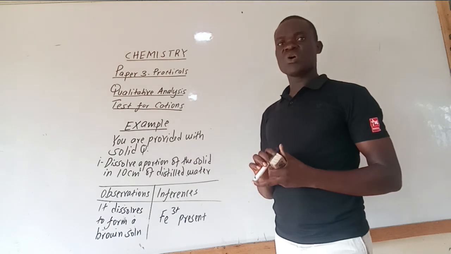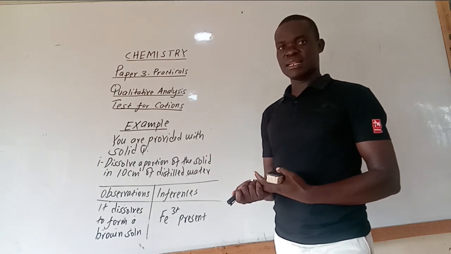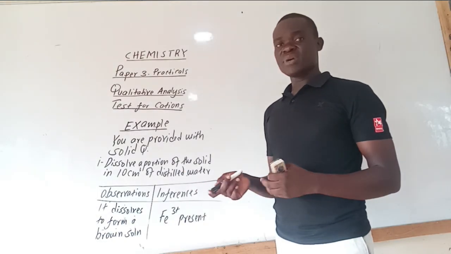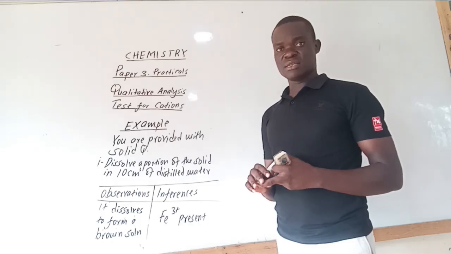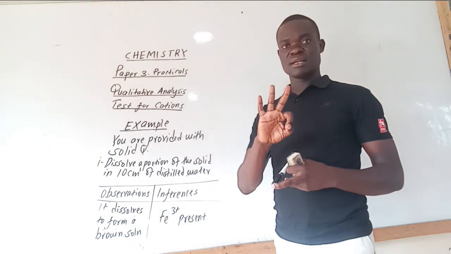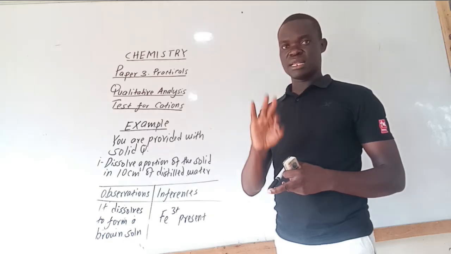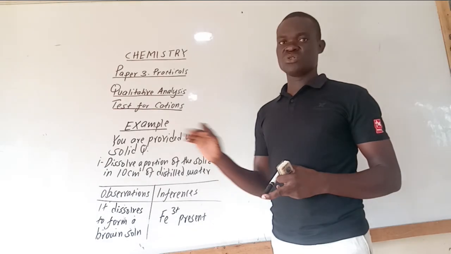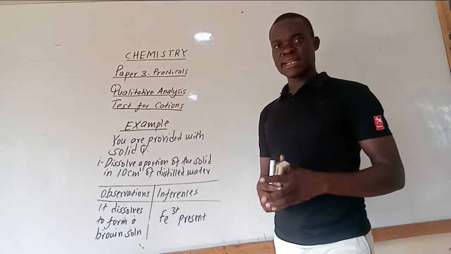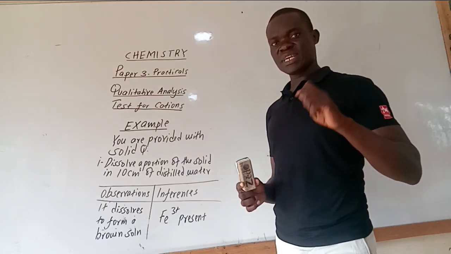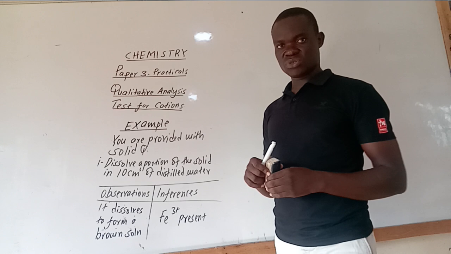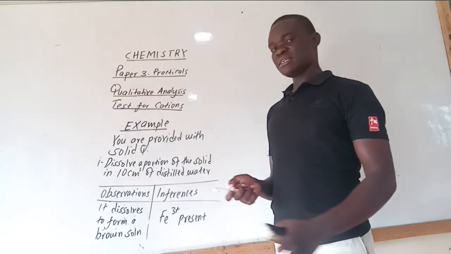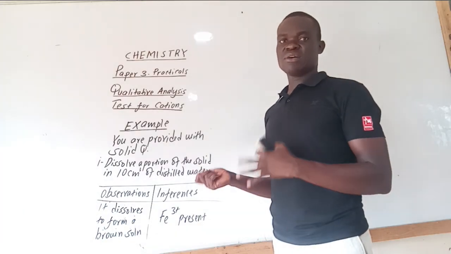We cannot mention all the colored ions when the solution is colorless because there are so many of them. So this is a place where you are allowed to write a negative inference, because there are only 3 colored ions: copper 2 ion, iron 2 ion, and iron 3 ion. When the solution is colored, we state the specific ion according to the color observed.